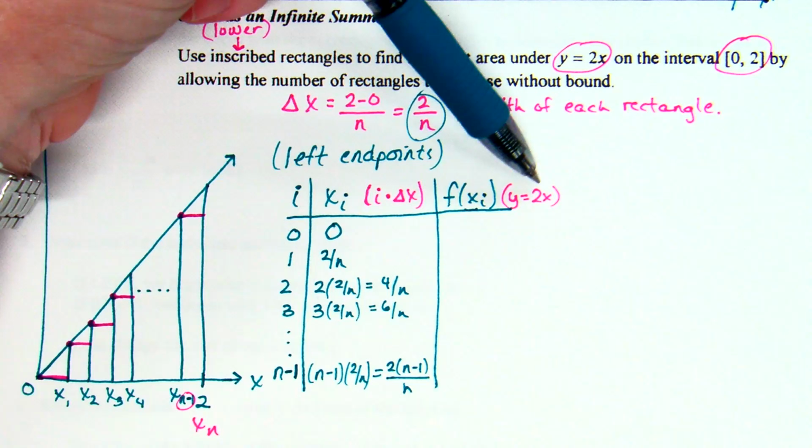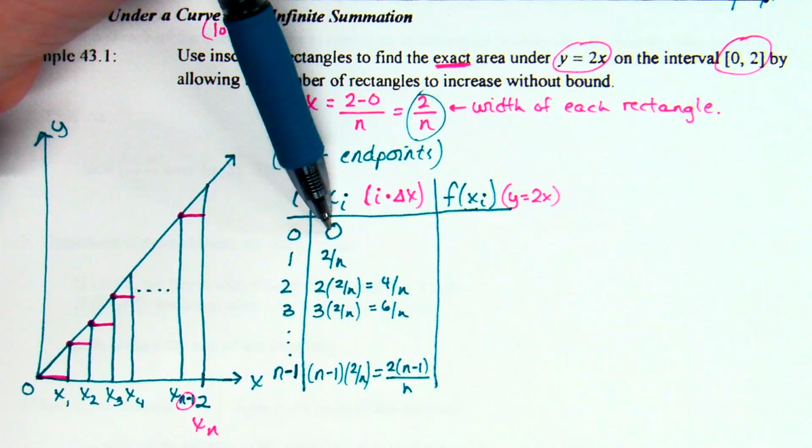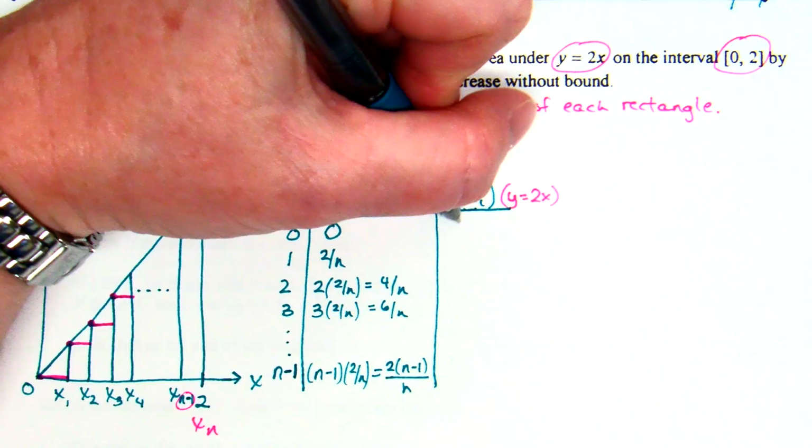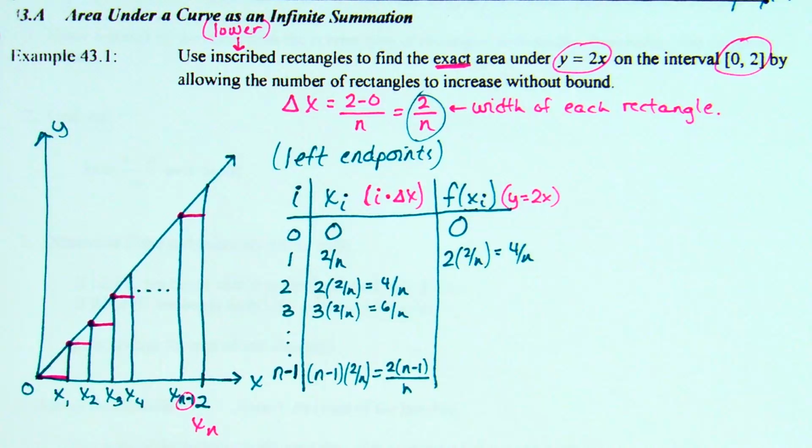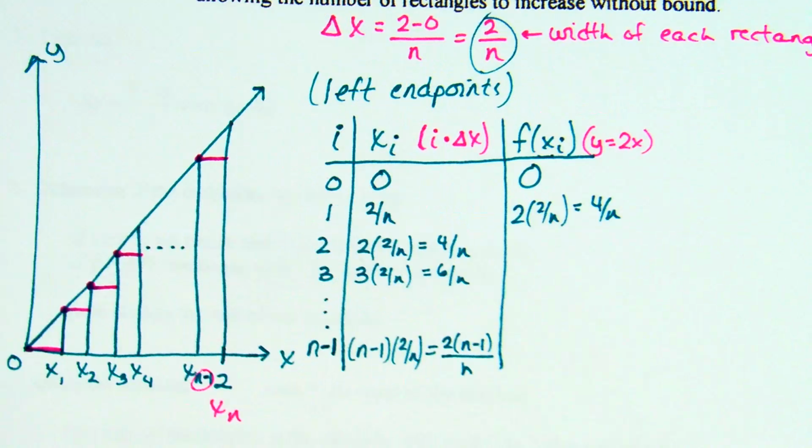I need to zoom in a little bit for this so you guys can see what all I'm writing here. Okay, 2x. The next one I'm plugging in is 4 over n. So 2 times 4 over n is 8 over n. The next one I'm plugging in is 6 over n. So 2 times 6 over n is 12 over n.